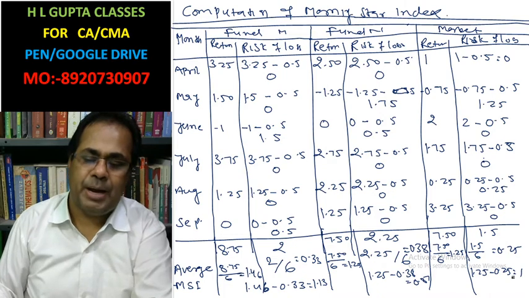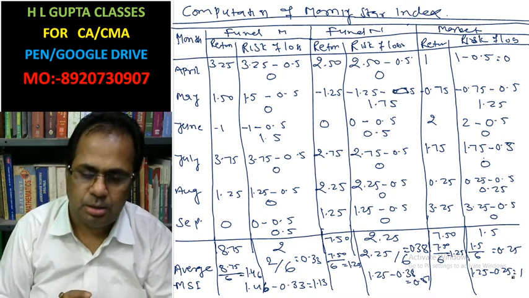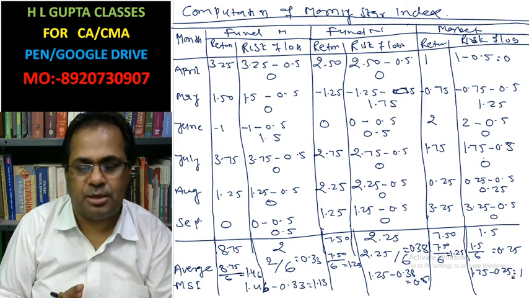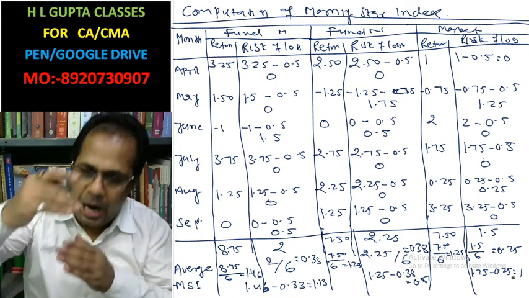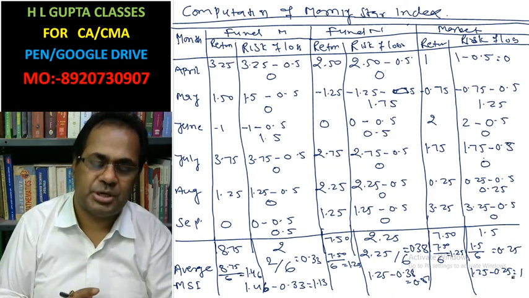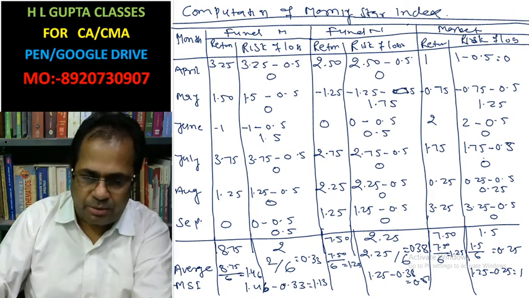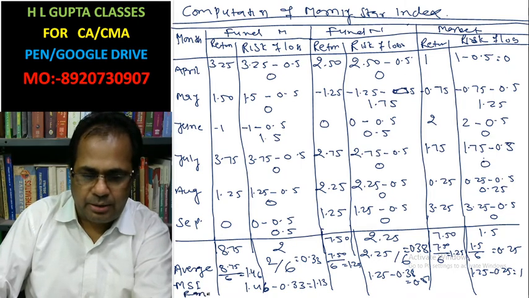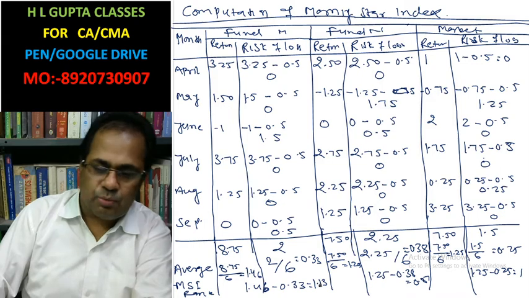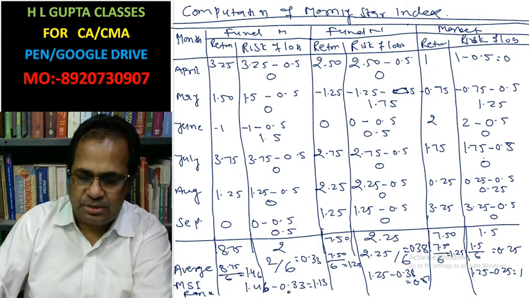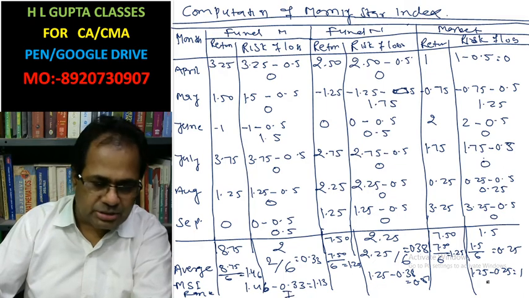In this case you have to find the rank. Rank is calculated on the basis of Morningstar index. The highest Morningstar index is assumed to be the first rank. So how will you calculate rank? 1.13 is the highest among all three, so this is considered the first rank.